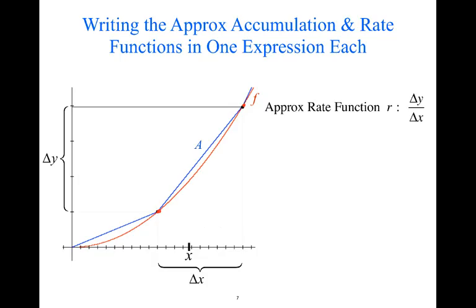Is this the second interval? Could be any interval. Okay? So if you can write an expression for this, generic for any interval, then you're writing the approximate rate function. If you can write this expression, considering this to be any interval, then you are essentially writing the whole approximate rate function.